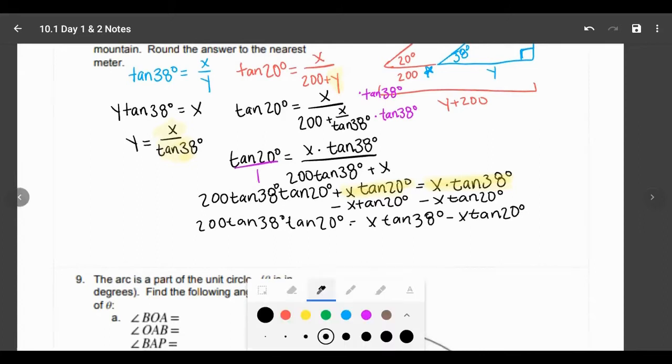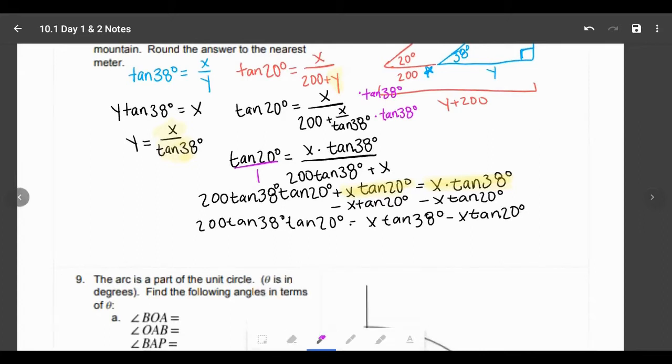So I am going to go ahead and do that. If I factor out the x here, I know everything on the left should be the same.